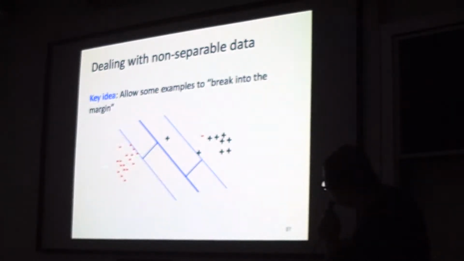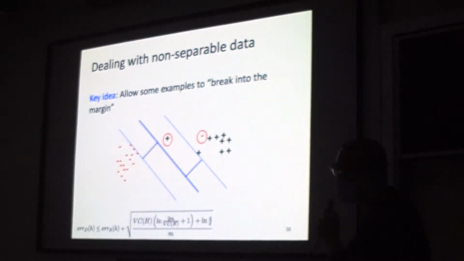If we look at this training set, we can see that most of the examples are linearly separable, but these 2 examples are not. Because of these 2 examples, you cannot find any linear classifier which can well separate all the positive and negative examples. So why not just allow these 2 examples to be excluded?